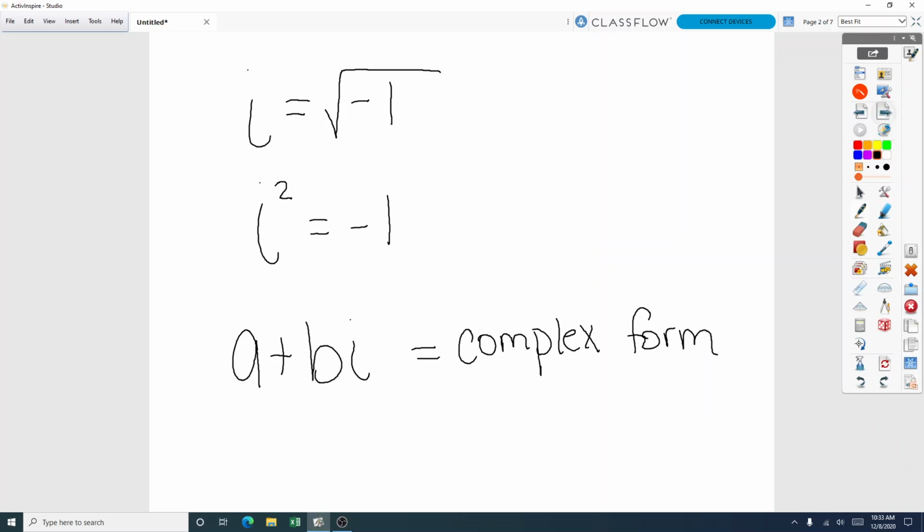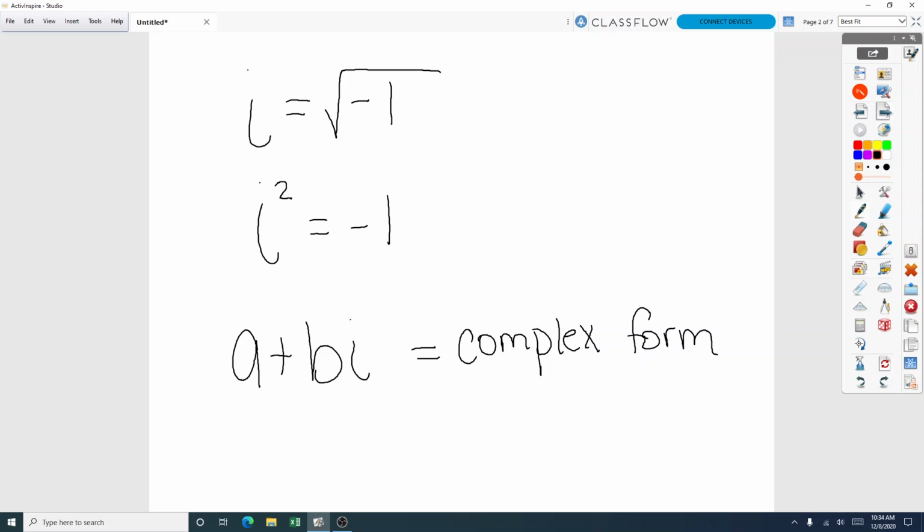So, a couple things we need to remember. Remember that i is the square root of -1. i squared equals -1. And remember that our complex standard form is a plus bi. Now remember, a and b are real numbers, so those are numbers, and then we have our imaginary i.